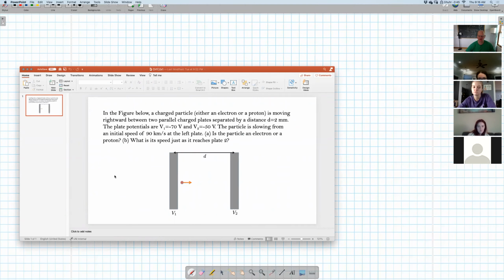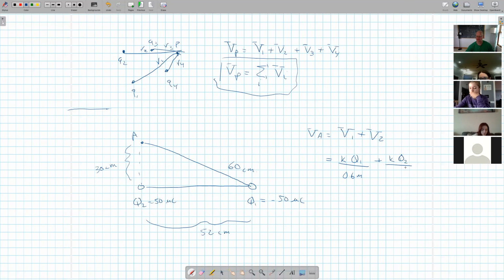Well, according to this, the potential at A is simply the potential from charge 1 plus the potential from charge 2. Potential from charge 1 is going to be what? K times charge Q1 divided by the distance, in this case 0.6 meters, plus K times Q2 divided by its distance, which is 0.3 meters. Now here, Q1 again is negative, and I have to make sure I use that negative.